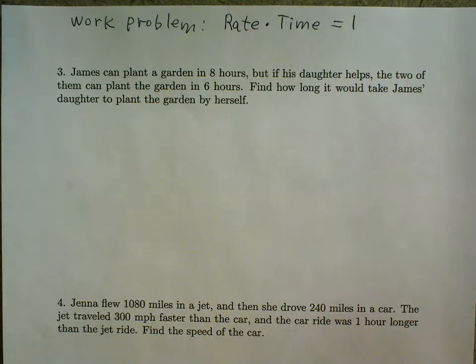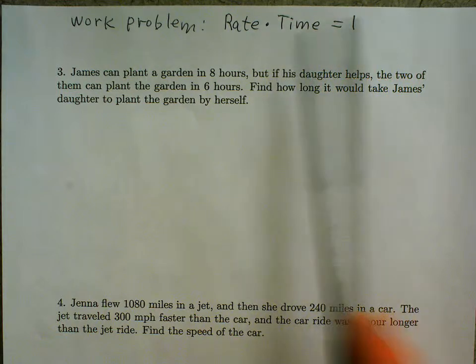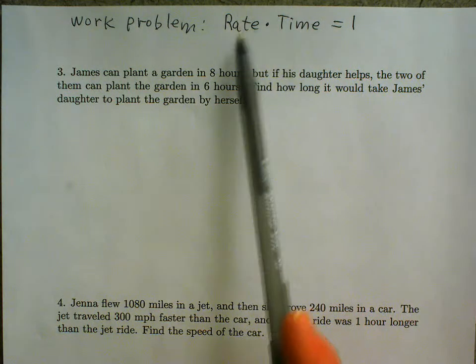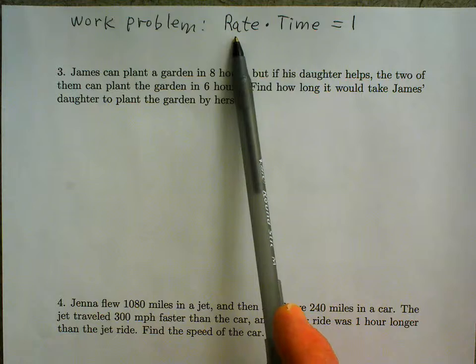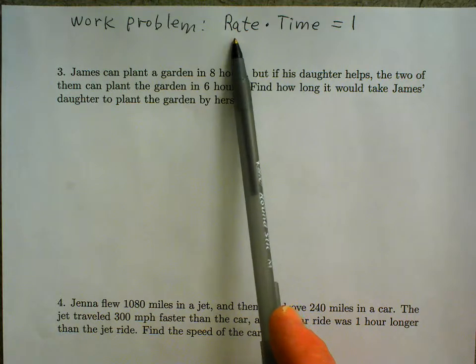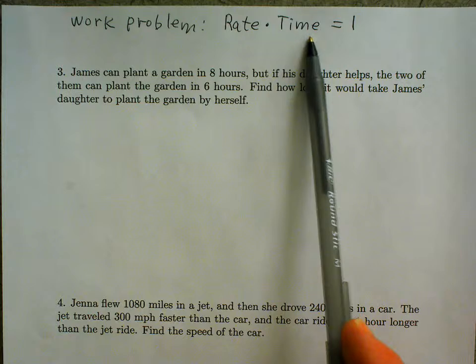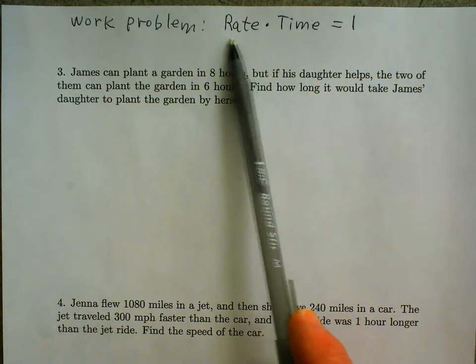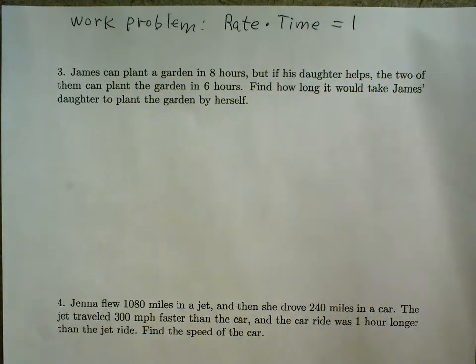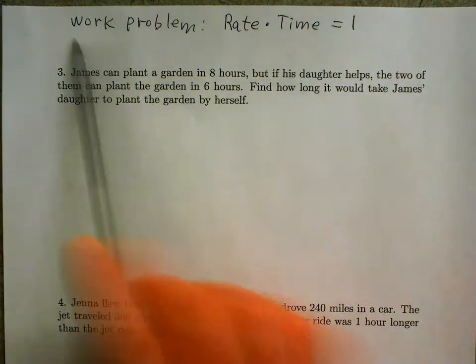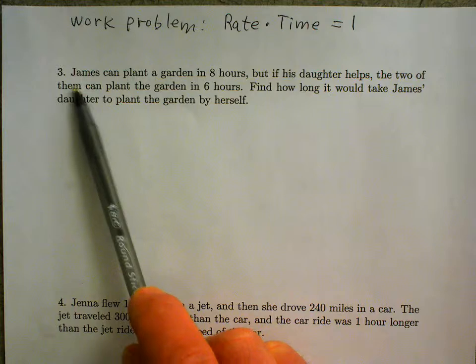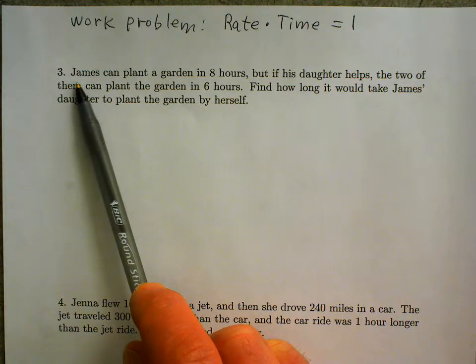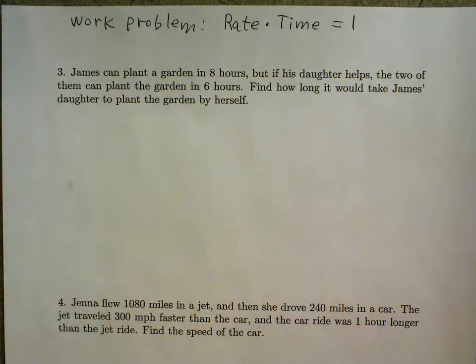And depending on the unit for time, if time is measured in hours, then the rate is the hourly rate. If time is measured in minutes, then the rate is the rate per minute. And 1 represents the job that they are completing. So rate times time equals 1 for work problems. In the first part of the first sentence, we're told that James can plant a garden in 8 hours.